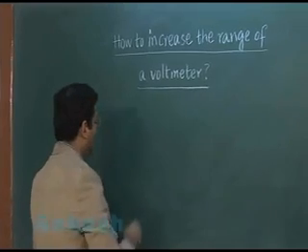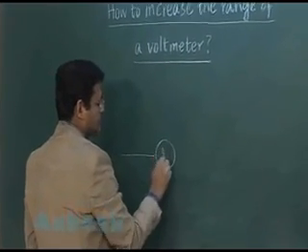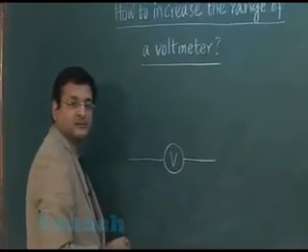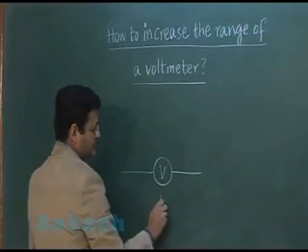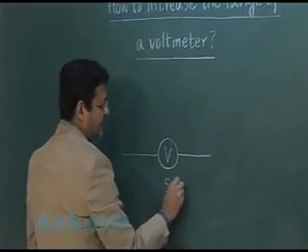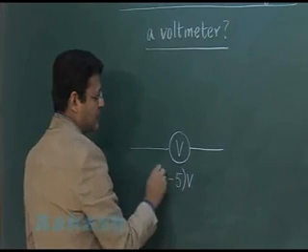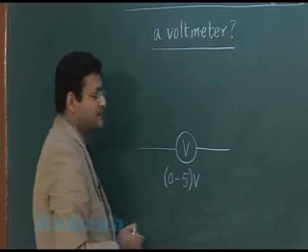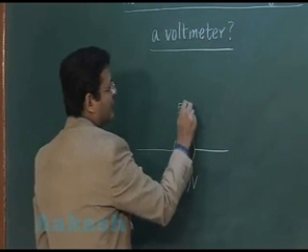Imagine that you have a voltmeter who can measure up to 5 volt, but you want to increase the range up to 50 volt. You want that it should measure up to 50 volt.